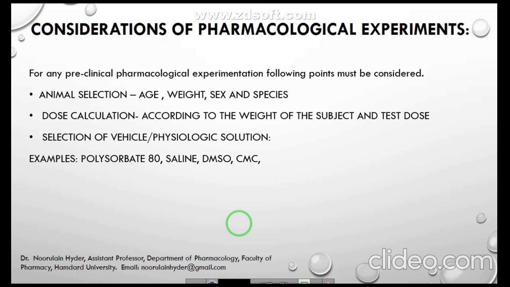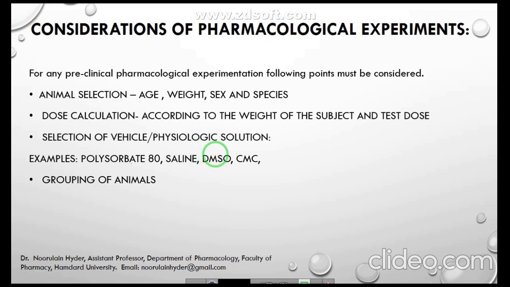This is a synthetic compound and is viscous, water soluble, yellow in liquid. It is frequently used to increase solubility of test drug in water. Another is saline, which is a normal saline. It is isotonic solution of sodium chloride 0.9% weight by volume.